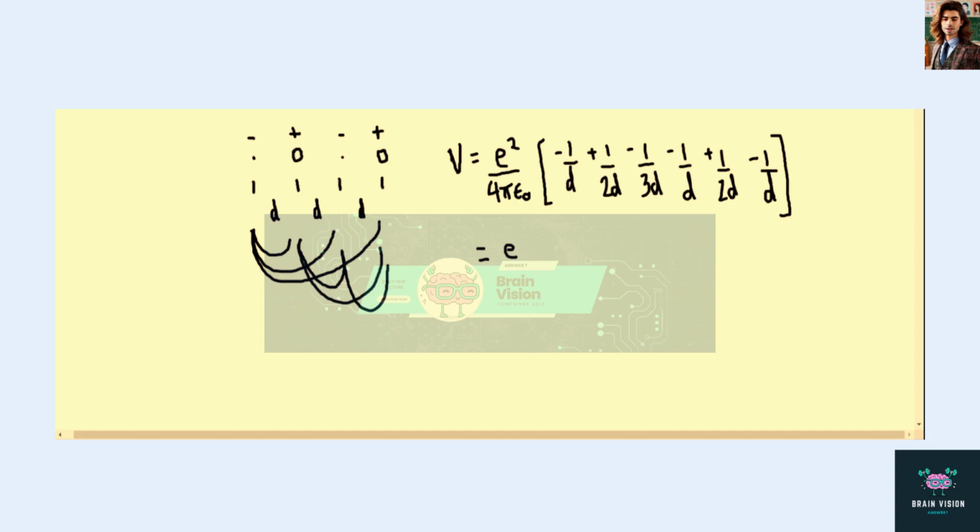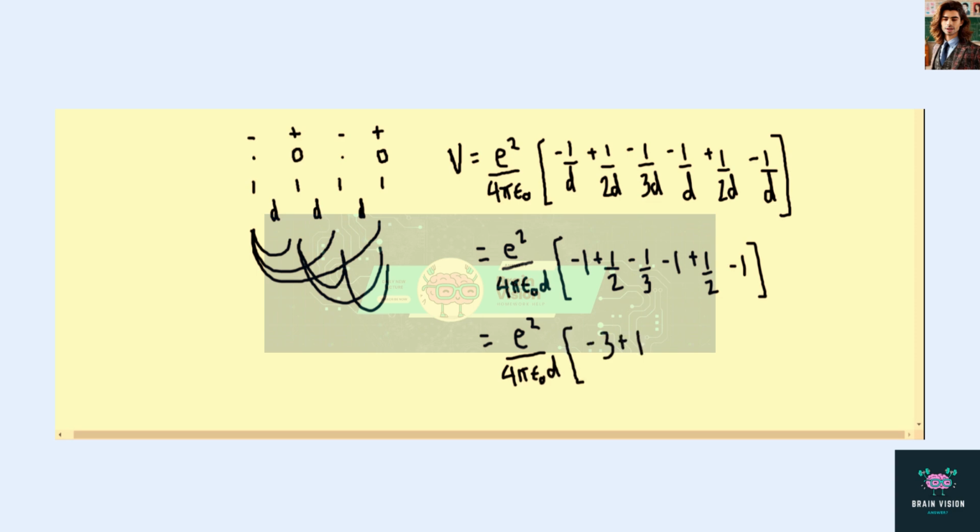Now we just need a common denominator, but before we do that, we can add a bunch of things together. We factor the d out, and we have all of these fractions, and some of them are whole numbers. We have negative ones that we can combine, and two 1/2s that we can add together. The 1/2s combine to give you 1, and the 3 negative ones combine to give you negative 3, and you also have a negative 1/3.